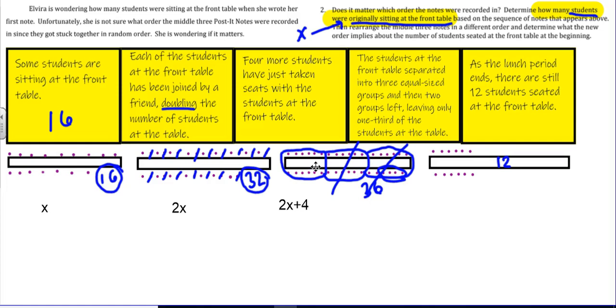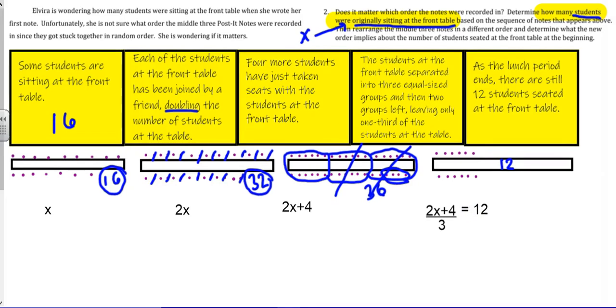Since 2/3 left, 1/3 is remaining. So we want 1/3 of the number of students that we have. So that is going to be 2x plus 4, divided by 3, and that equals 12. So let's take a look at how to solve this algebraically. When we first found the answer, we had to work backwards. And that's the exact same thing that we do when we solve an equation.